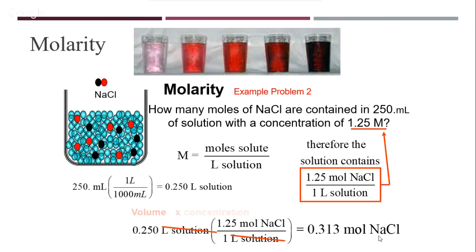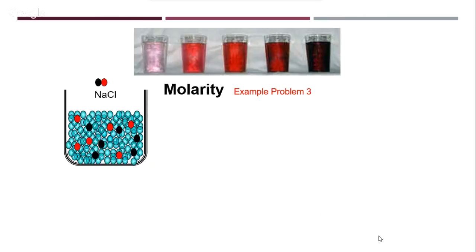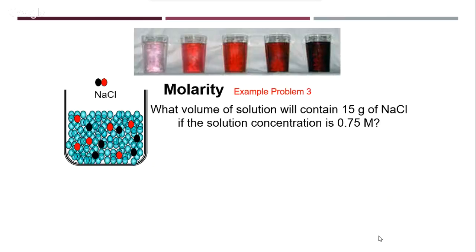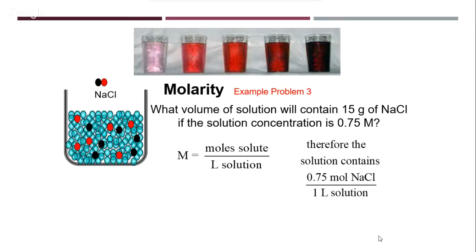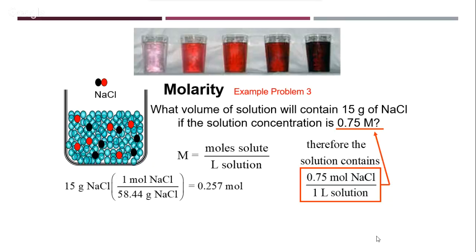I'm going to move slightly forward because we need to cover metals as well today. Another quick way to find out volume: when weight and molarity are given, the volume is to be found, that is, how much volume it is to be diluted with. Molarity is moles per liter. You will find that for 0.75 moles per 1 liter, 15 grams of NaCl, with 1 mole being 58.44 grams, is 0.257 moles of NaCl.